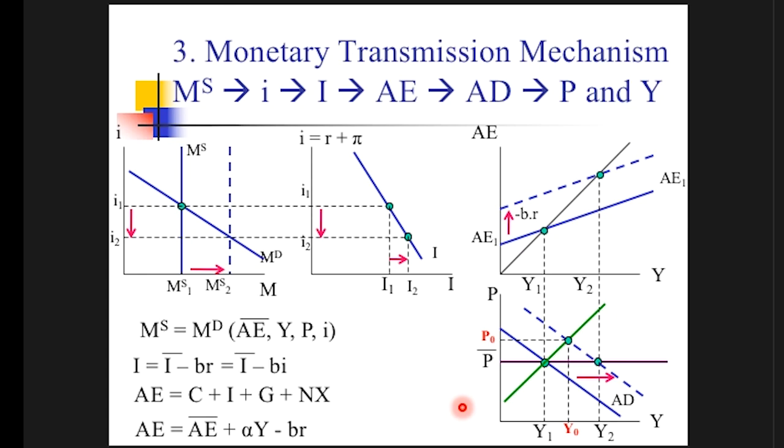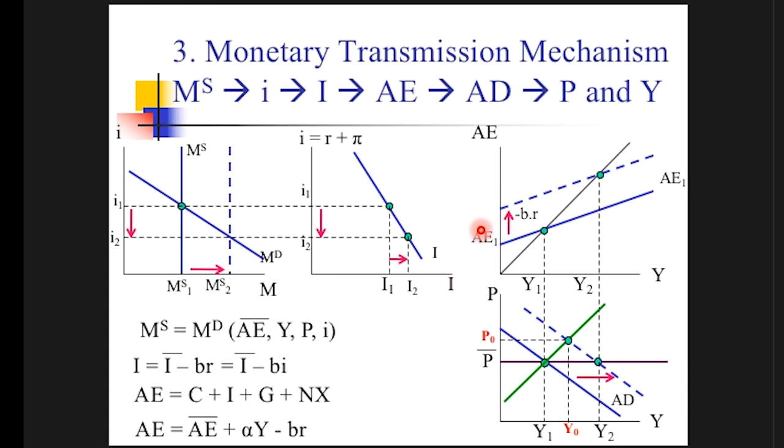So now, please recall the whole mechanism to see what is the result of an expansionary monetary policy. The result may be shown in each diagram. In the first diagram, the monetary policy gives you a lower interest rate. In the second diagram, we have higher investment.